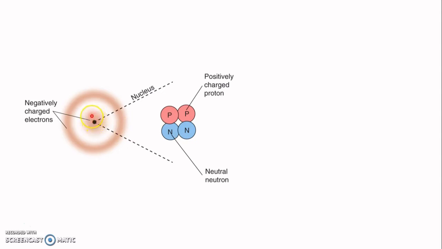The other part of the atom is this cloud region, this pink cloud indicated here in this figure. We call this an electron cloud. It is a region where electrons, or negatively charged particles, orbit around the nucleus.